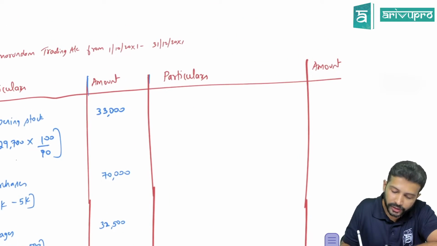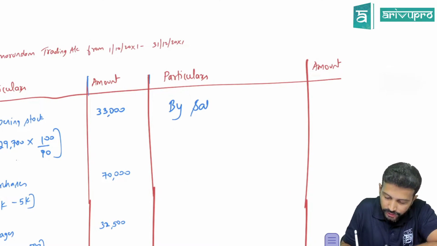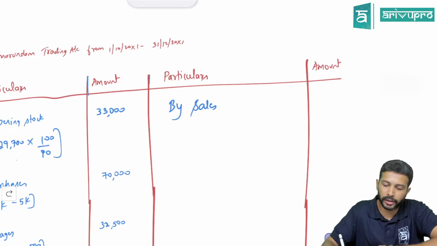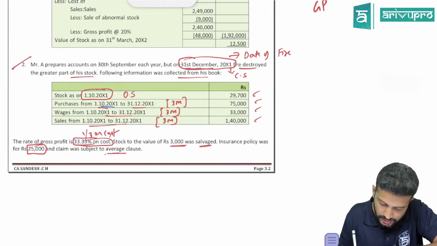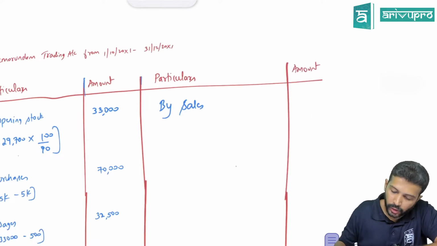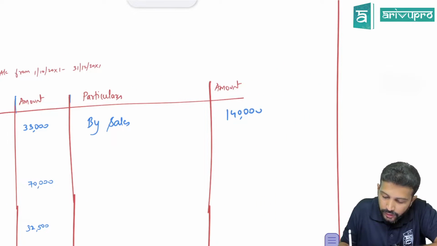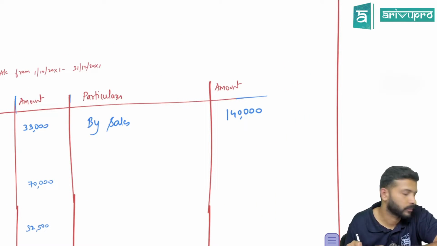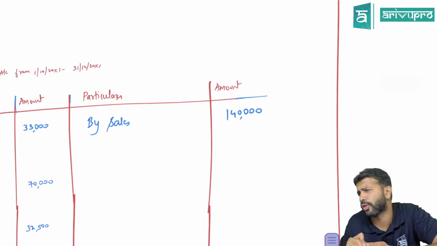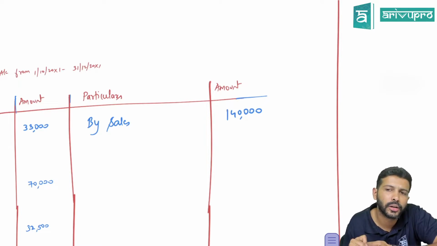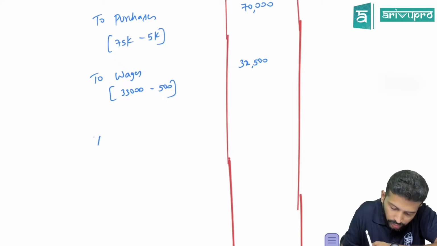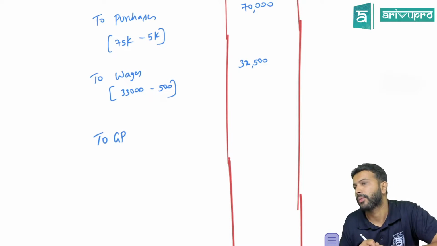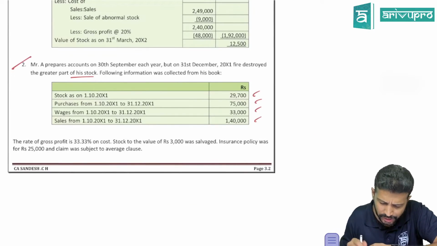Okay, this is over. On the other side, what will come, sir? Sales. Do you know sales from October to December, 3 months? Yes, given. How much is that? 1,40,000. Sir, the moment you know sales, I can quickly put GP, because we know the equation. They told GP is how much?